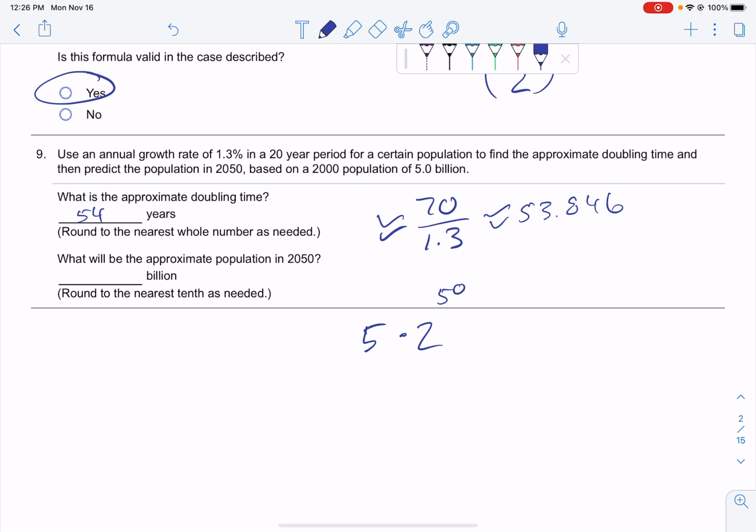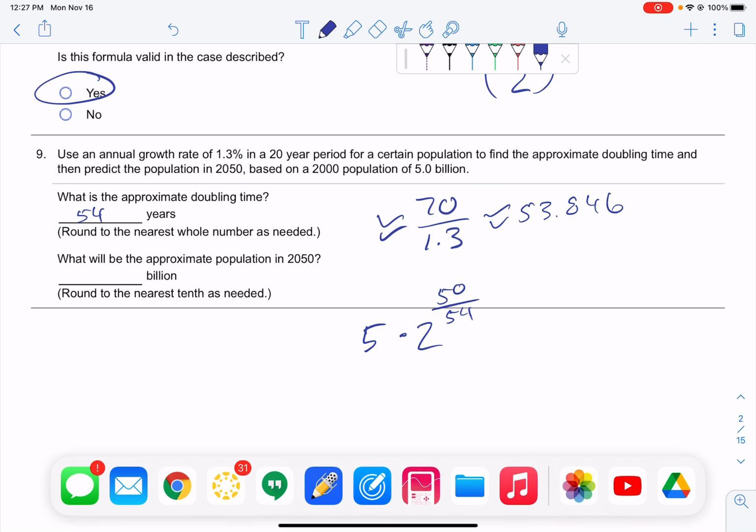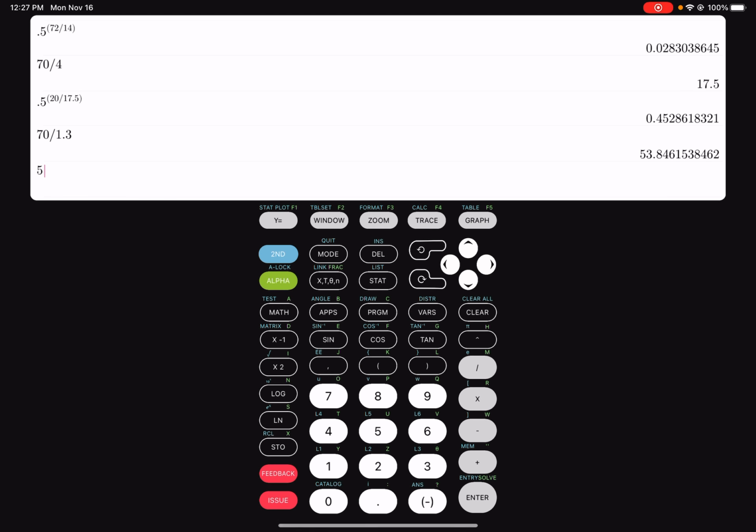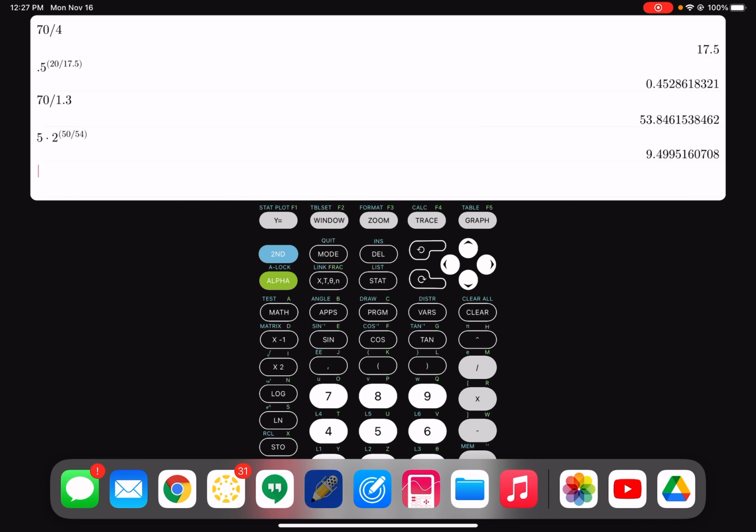So my little t is 50. We're going over 50 years. And my doubling time, we said, is about 54 years. So 5 times 2 raised to the 50 over 54. So 5 times 2 raised to the 50 divided by 54. Enter 9.4995.